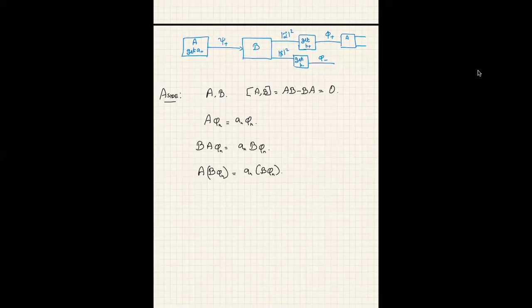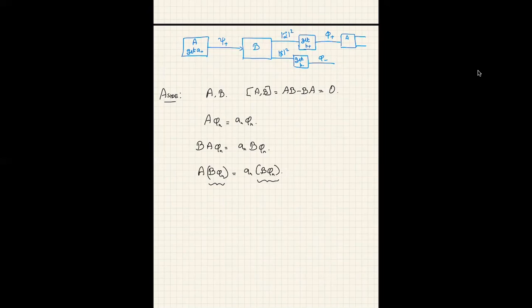B is a matrix, phi n is a column vector, B times phi n is another column vector. So this basically is saying that A acting on a column vector B times phi n equals an times the same column vector B times phi n. But this is precisely the eigenvalue equation of A, right?